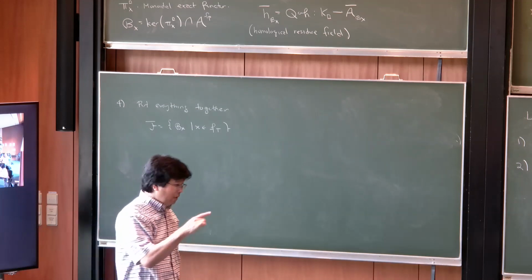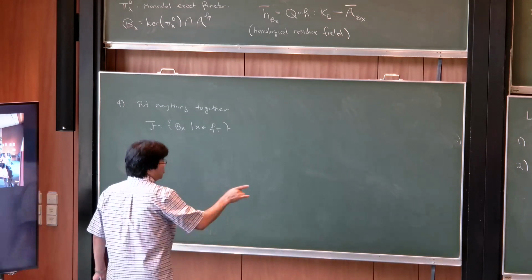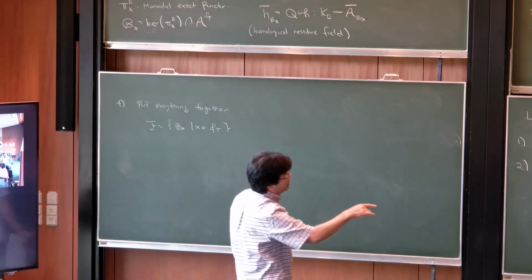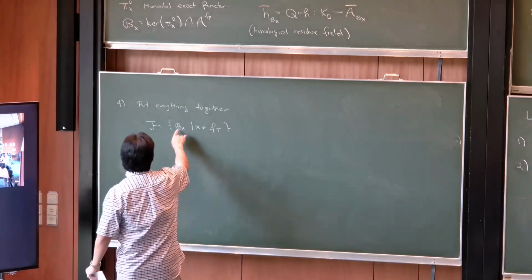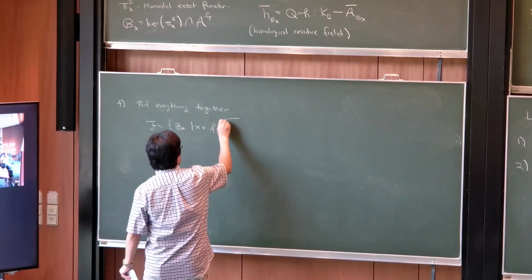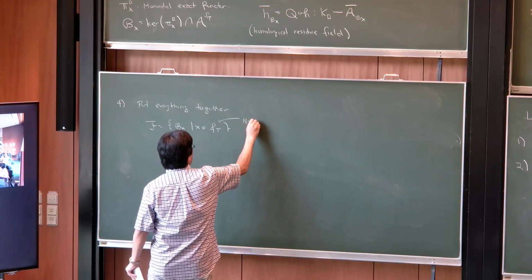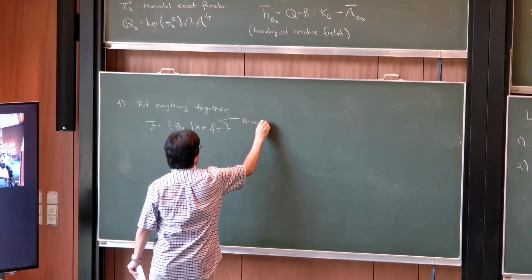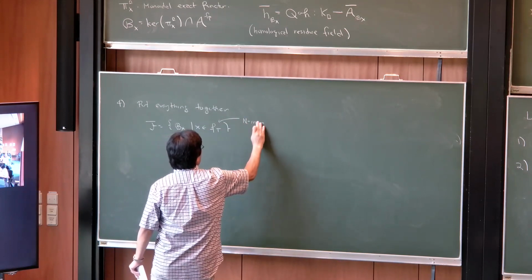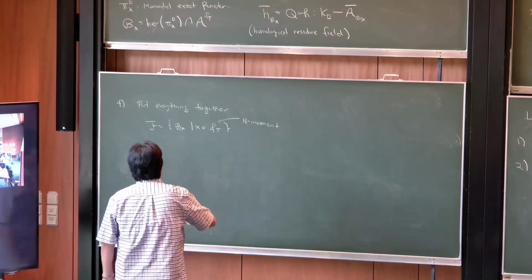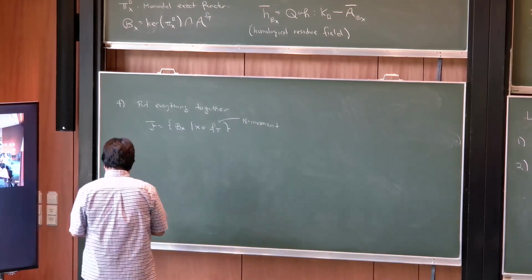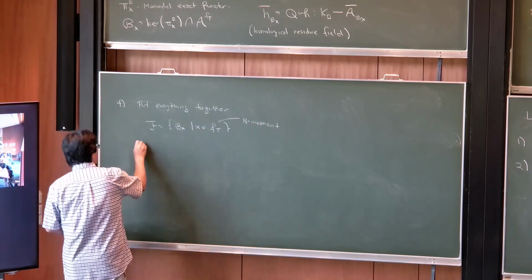So if I know that H bar is going to be 0 on B of X, I know it's going to be 0 also on an orbit. So this is, remember, N invariant. The action of the group acts on this thing. And then what do we know?